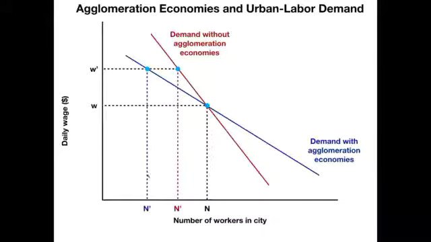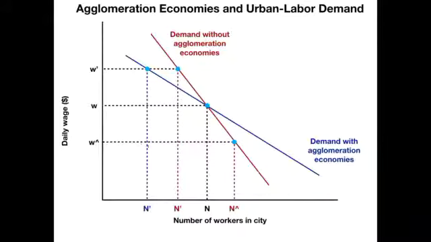agglomeration economies. On the opposite end, if I want to take a look at lowering the wage rate, we're starting once again from W, the original point where the two labor demand curves intersect one another. So I'm just going to have a wage rate that is lower than that. If we follow that over, the first thing we hit is the labor demand curve without agglomeration economies, and that gives us the level of workers demanded without them.